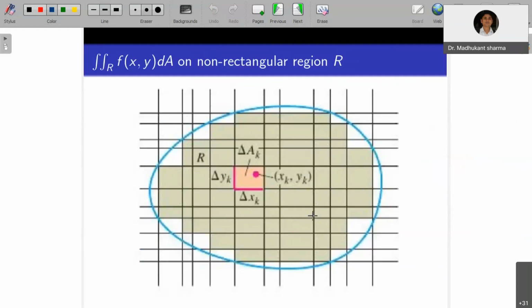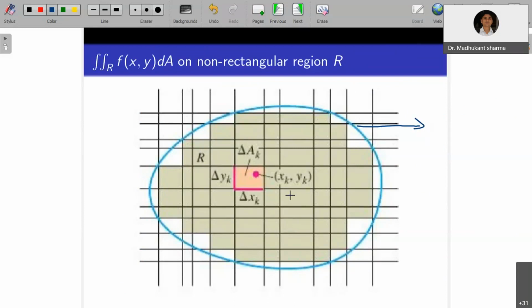Let's talk about how to work with a non-rectangular region. This is a very rough shape of a non-rectangular region. You can take a similar approach here.